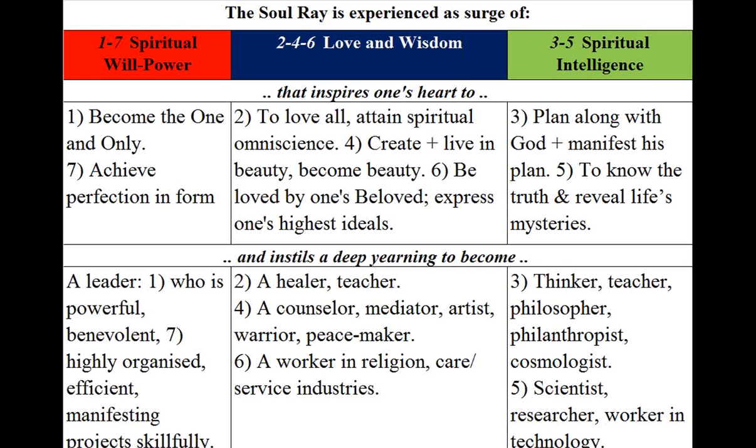So looking at these, the second ray soul wants to love all, to attain spiritual omniscience. If you're on the wisdom line, there'll be a lot of ray 2 souls, and they're different. They're two different types. The first type of second ray soul wants to love all. It's on the love line. The wisdom side of the love-wisdom ray is more interested in mental omniscience, mental inclusiveness, and wants to understand divinity by studying the teachings, by really reaching through the teaching and trying to connect with the divine.